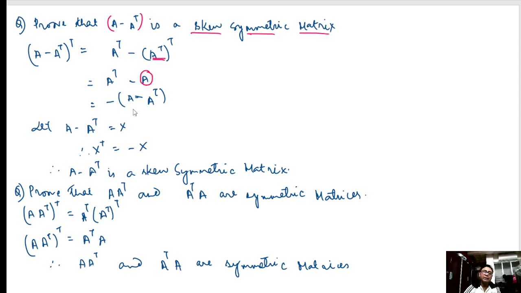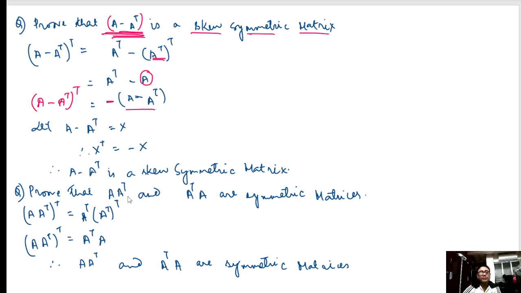Now can I write it like this? Isn't it the same matrix but with a minus sign in front? That means when I do the transpose of this matrix, I get the same matrix but with a minus sign. So I can tell that this is a skew symmetric matrix. Clear?